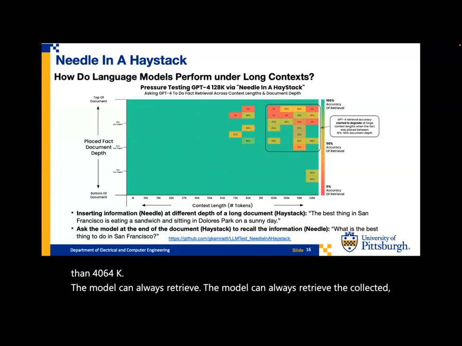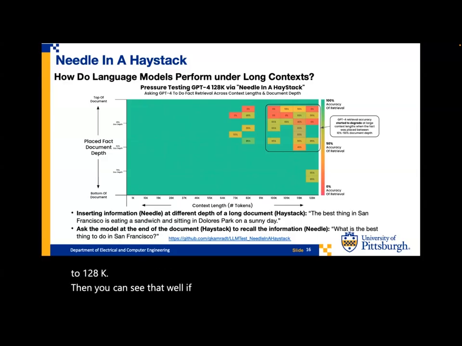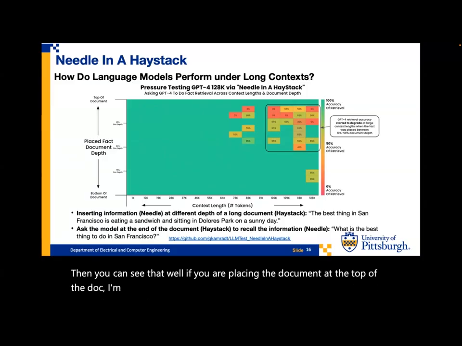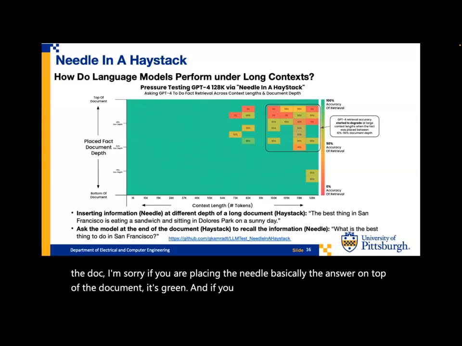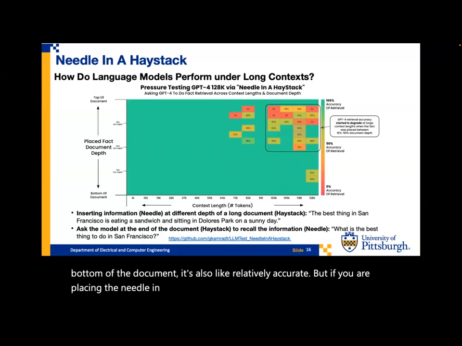But when we double the context window to 128K, then you can see that if you are placing the needle, basically the answer, on top of the document, it's green. And if you are placing it at the bottom of the document, it's also relatively accurate. But if you are placing the needle in the middle of this context, you start to see accuracy drop.